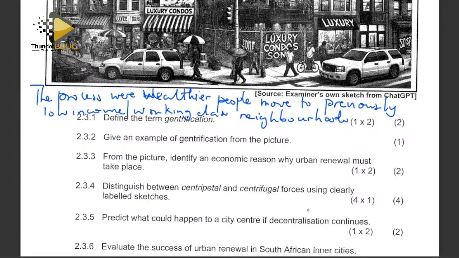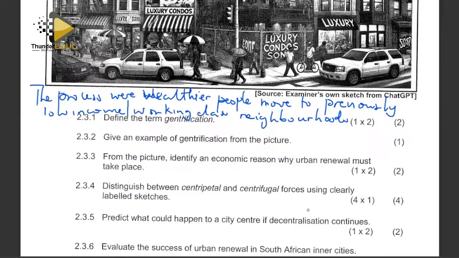So with gentrification, it's a process whereby the rich or affluent people are moving to areas that were previously low income areas and also areas that were designed for the working class. So that's the process of gentrification.